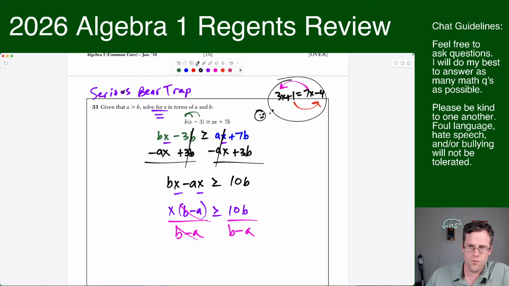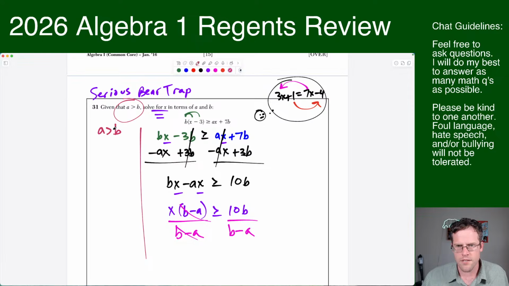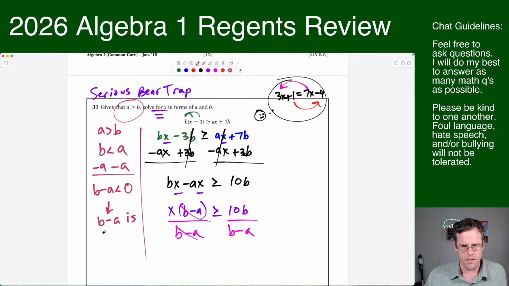They told you, sneaky detail, that a is greater than b. So for this, to make this neat, if a is greater than b, that has the same meaning as saying b is less than a. And if b is less than a, if I subtract a on both sides, I get b minus a is less than 0. So this tells you b minus a is negative.